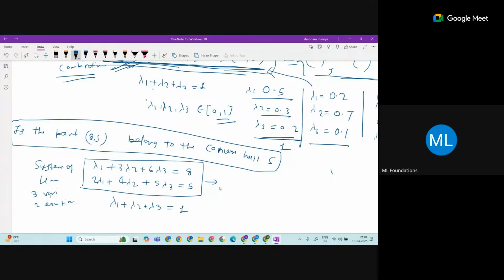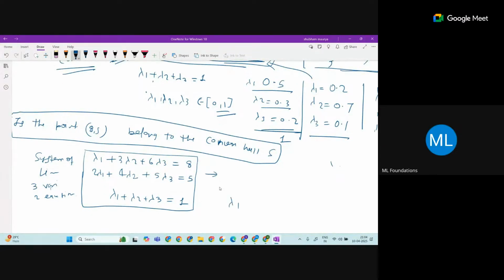We have now 3 equations and 3 variables. You will end up getting lambda 1 and lambda 2 negative. If any is negative, then it doesn't form a convex hull.